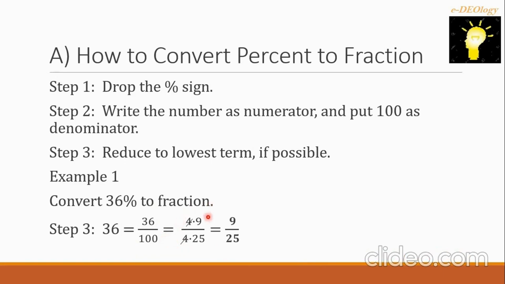And then we will collect the remaining numbers. So in the numerator it is 9, and in the denominator it's 25. So this is 9 over 25. It means our 36% is equal to 9 over 25 in fraction.